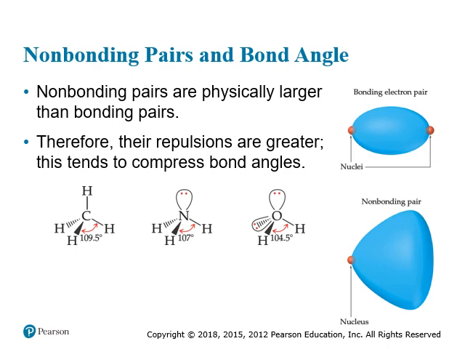And that's evidenced in the series of molecules that we saw on the previous slide. Methane, where we see 4 bonding pairs, shows bond angles of 109.5, exactly what would be predicted from the tetrahedral orientation.